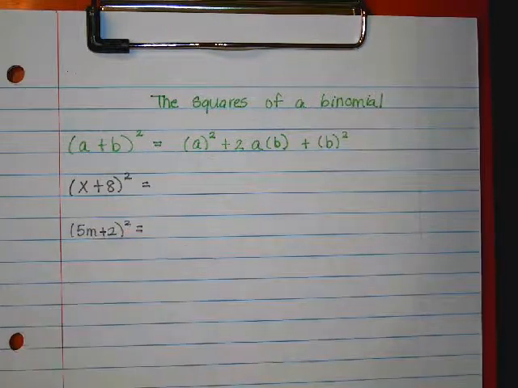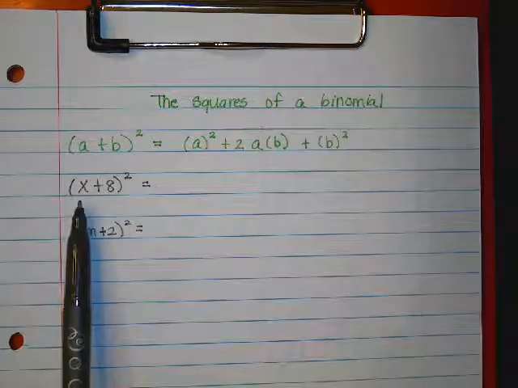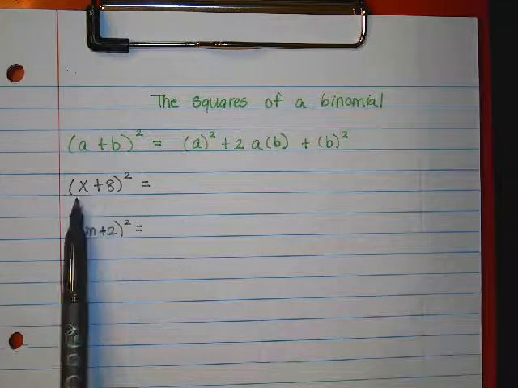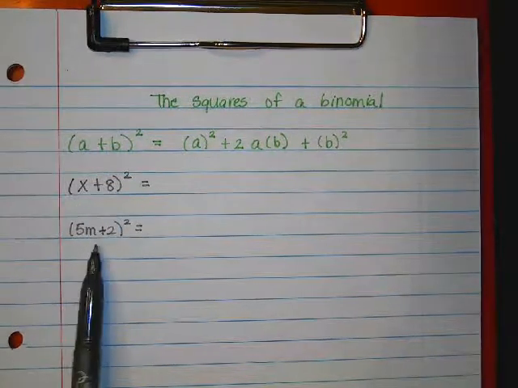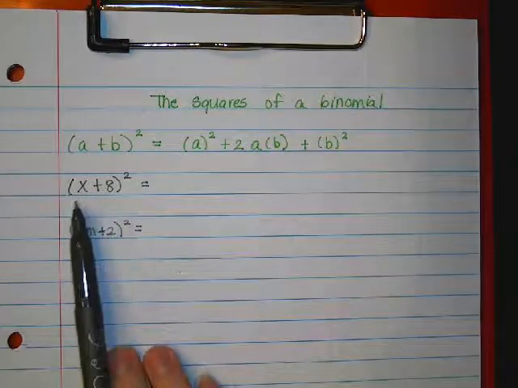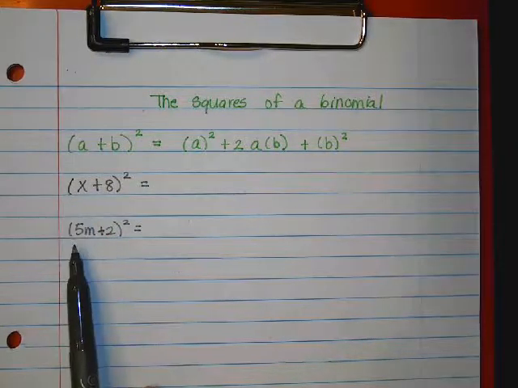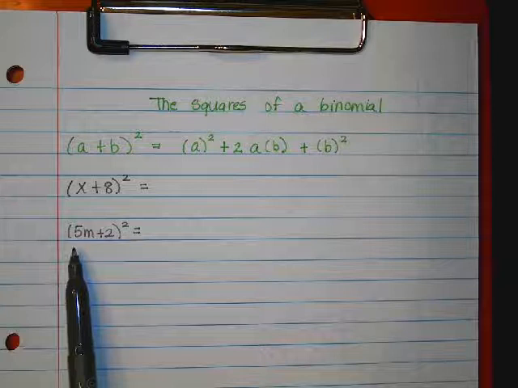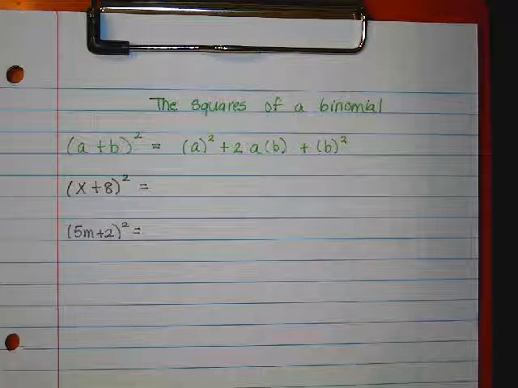So 5m plus 2. Each is a binomial, 1 term plus 1 term. We're going to show you one where we have a coefficient of 1 and one where it has a coefficient of 5. But the rules are going to be the same.